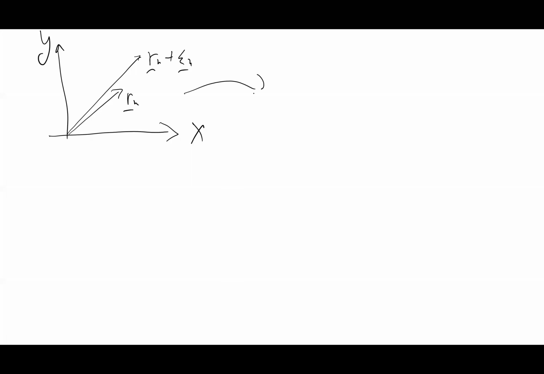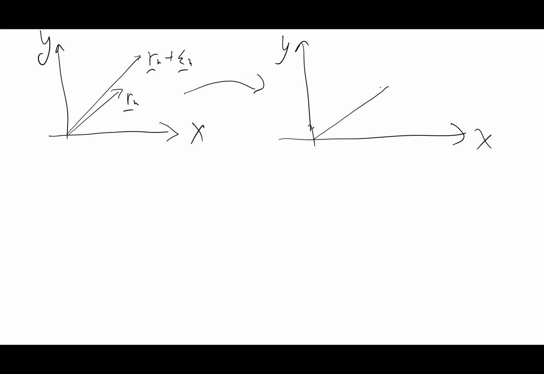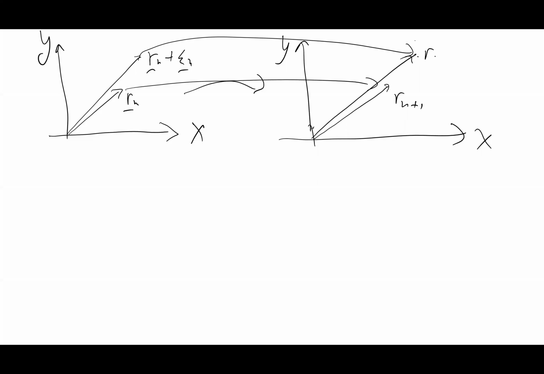Now after one iteration, this transfers into the scenario when Rn went to position Rn plus 1 and Rn plus epsilon n will shift here. So this will be another vector, Rn plus 1 plus epsilon n plus 1. So what we want to find out is how vector epsilon n plus 1 depends on epsilon n.